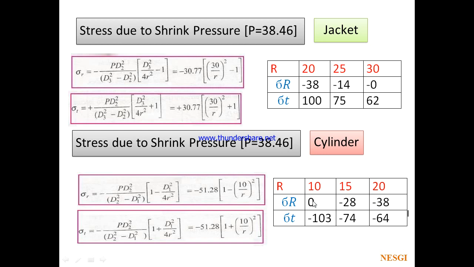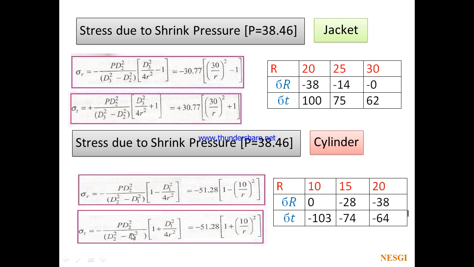At different r values, r equal to 10, 15, 20, you go on substituting the value of r, and you will get the value of sigma r at different radii. At r equal to 15, sigma r is minus 28, and at r equal to 20, sigma r is minus 38. Same for sigma T.